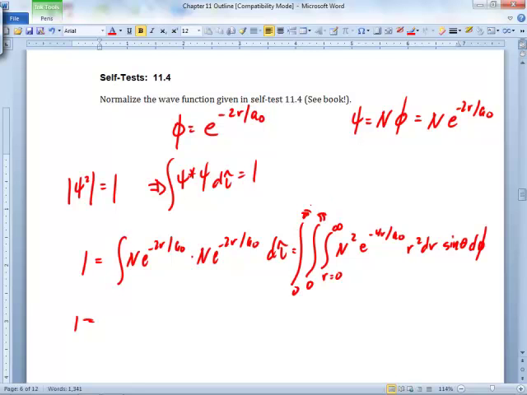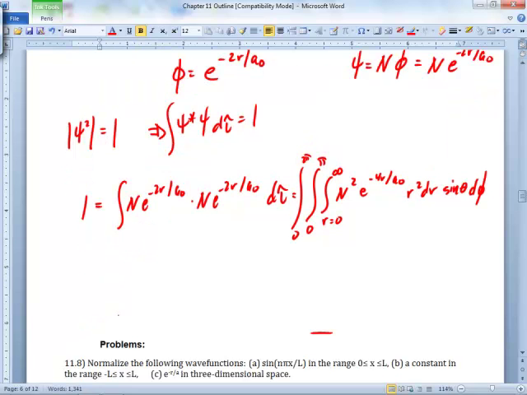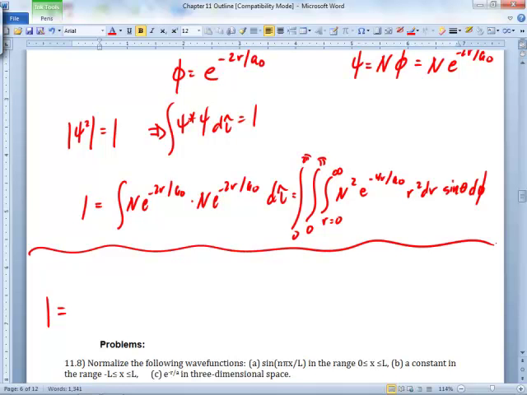Okay, so let's clean this up a little bit. Let's put these 3 integrals like we're used to doing it. 1 has to equal this whole ugly mess. Can we pull the N squared out of all 3 of these integrals? Yeah, it's just a number. We're going to find it to be just a number. So let's pull it all the way out. Right?